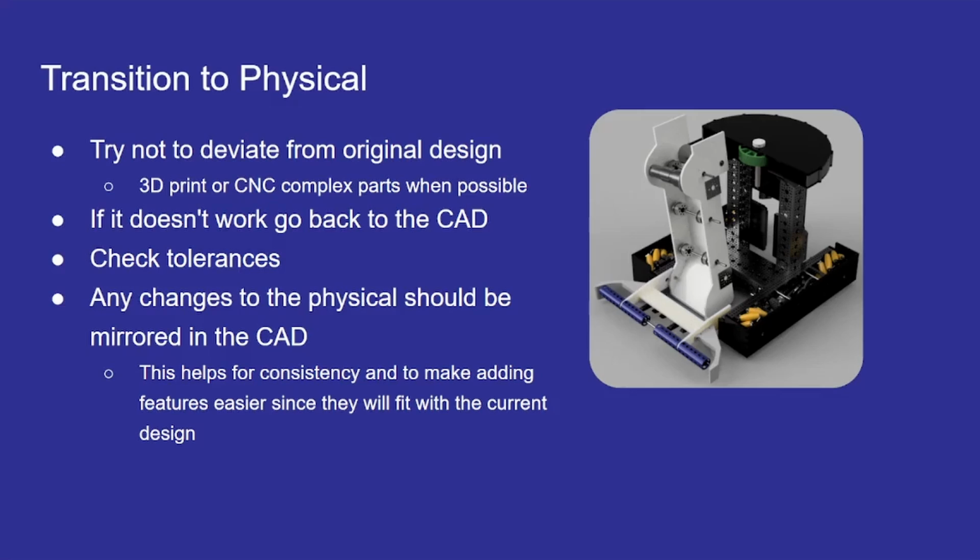If it doesn't work, go back to the CAD, see what happened, and fix it. Make sure that your tolerances are correct. That's something we'll talk about when we go into CAD. And any changes to the physical should be mirrored in the CAD. That helps with consistency and makes adding features easier, since they'll fit with the current design.